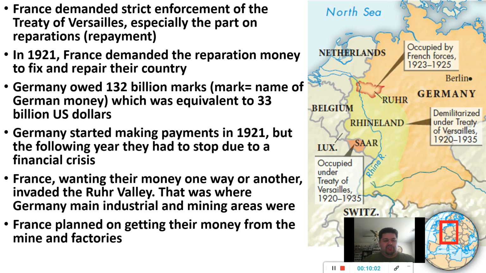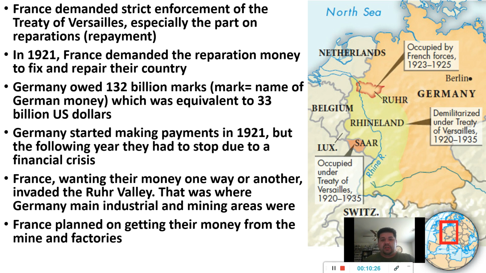Now, Germany's like, okay, fine. You want your money? We're going to give you some money back. And they start making the payments in 1921, the year France wanted it. But the problem was the following year, 1922, there was a financial crisis in Germany.